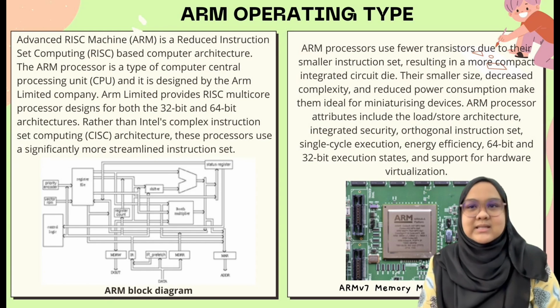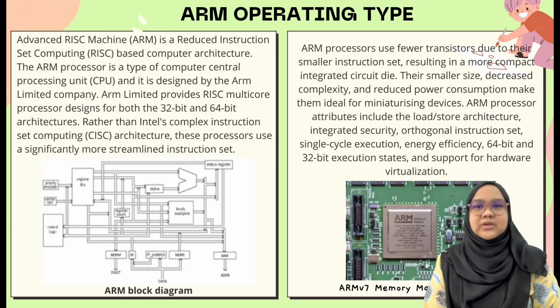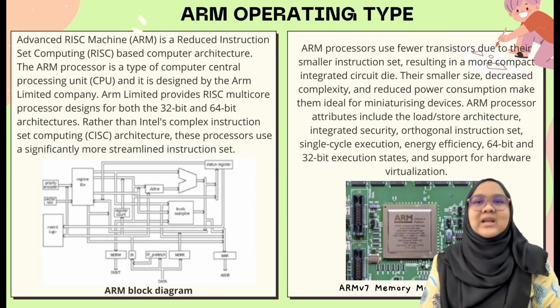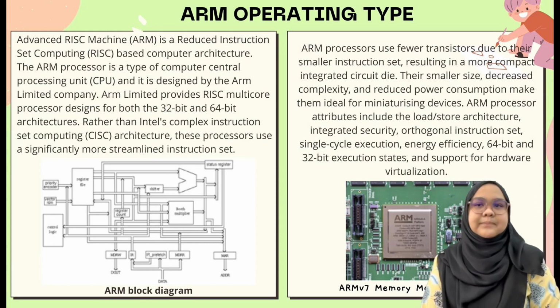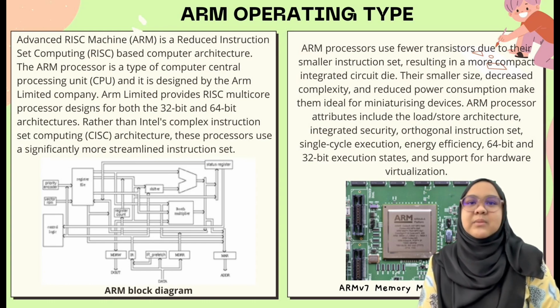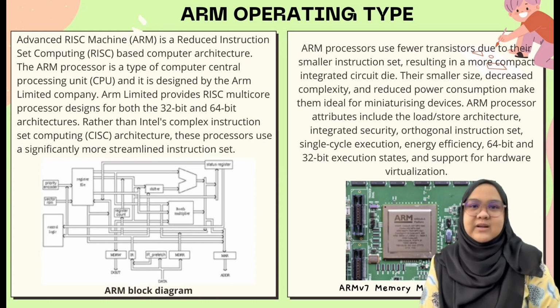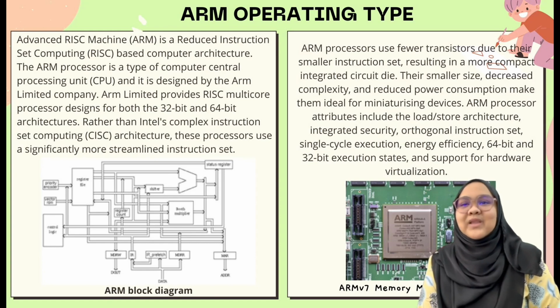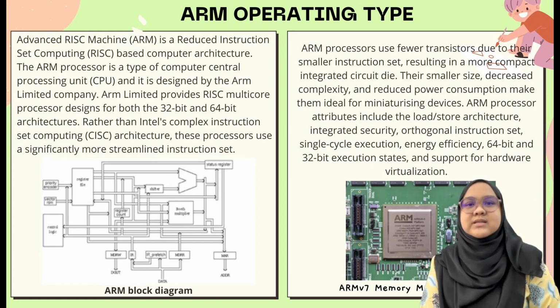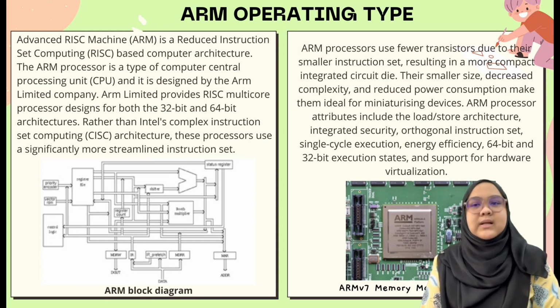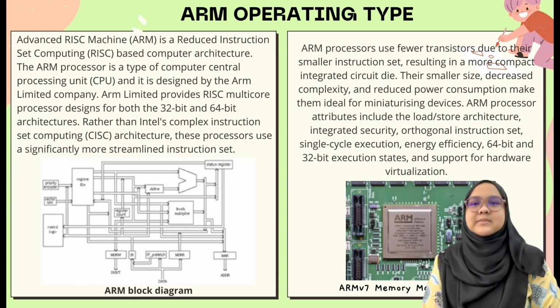Rather than Intel's complex instruction set computing CISC architecture, this processor uses a significantly more streamlined instruction set. These processors are utilized primarily in portable devices such as digital cameras, mobile phones, home networking modules, and wireless communication technologies, as well as other embedded systems.